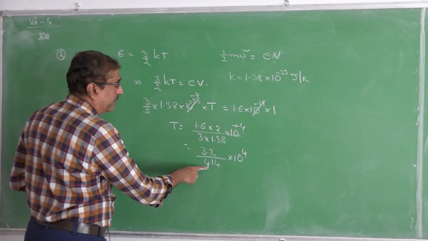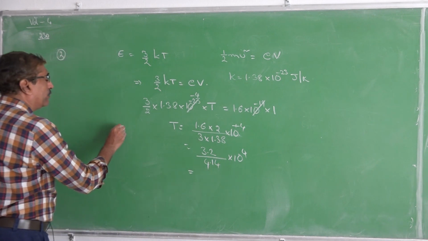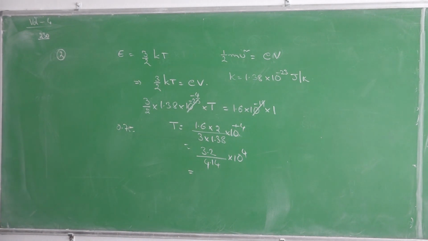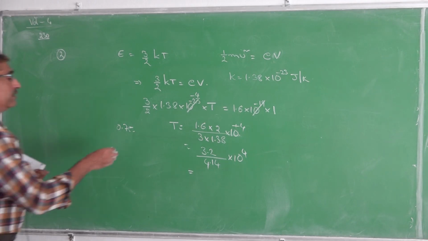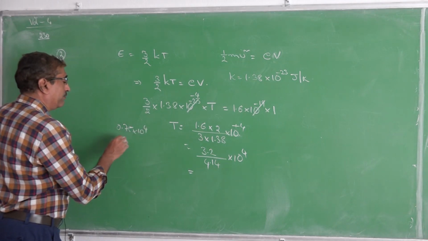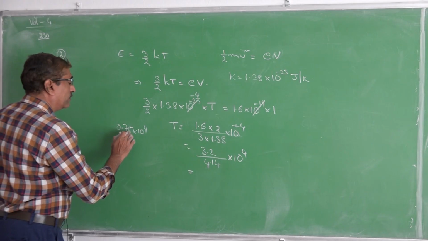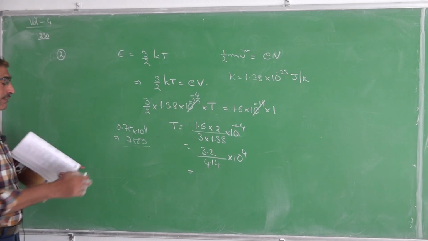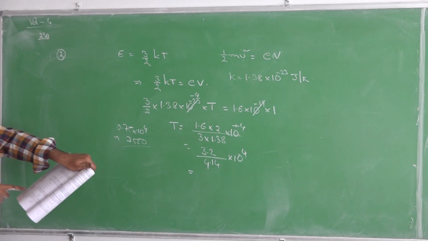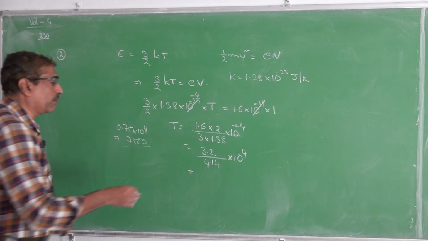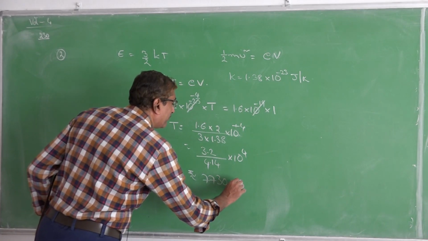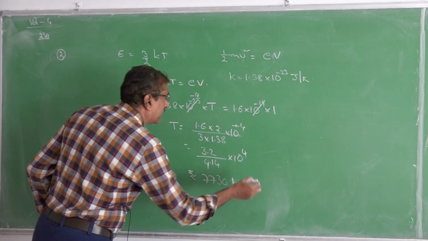If it is 3 by 4, we can approximate it as 0.75 into 10 to the power 4, means 7500. That means any value greater than 7500. So in the options it is 7730 Kelvin. Okay.